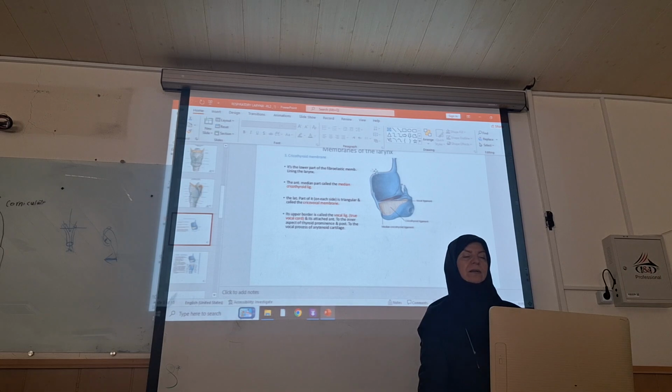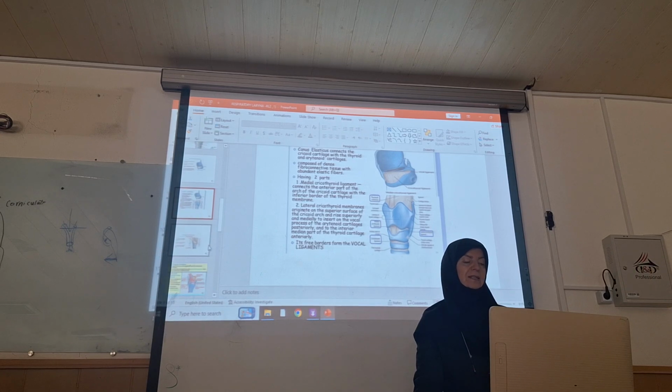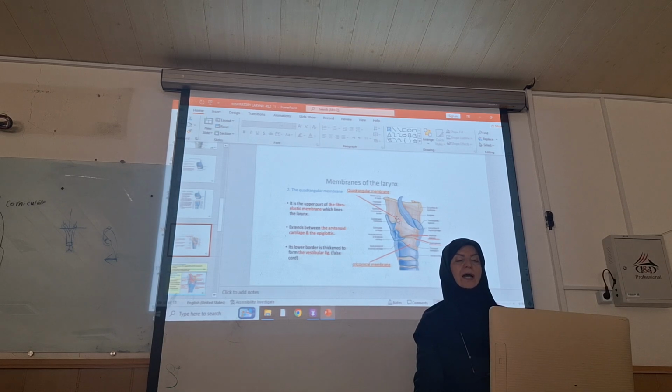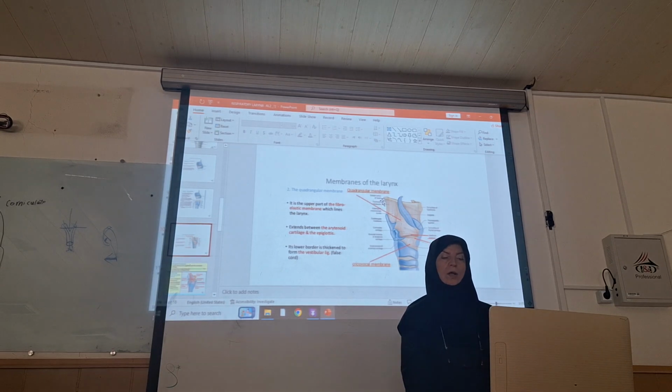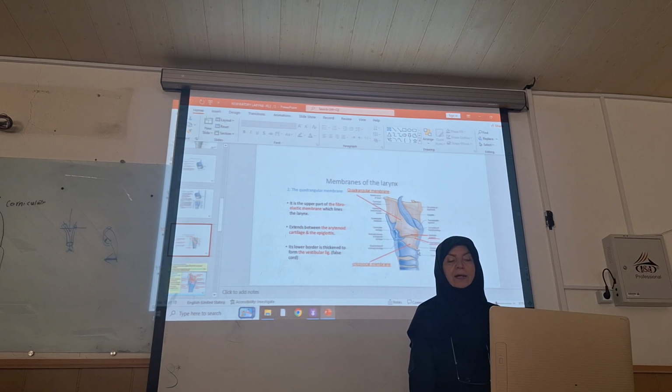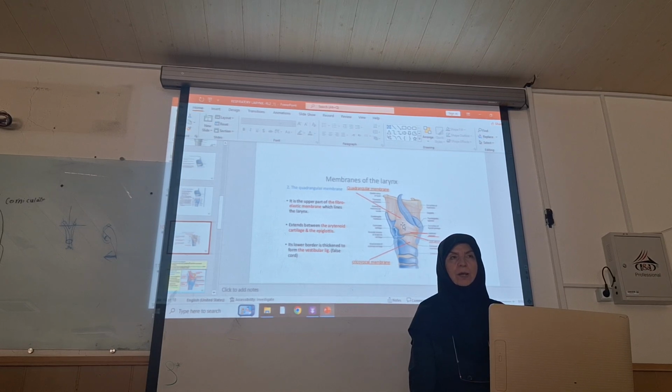Now, another intrinsic membrane is here, and we are going to speak about that. What's the name of this? You know this. The cricothyroid membrane or ligament. Here is a vocal cord, and if I change the picture, in this picture I am able to show you another membrane. This membrane we can call the quadrangular membrane. Compared to the cricothyroid membrane, the position is inferior or superior?